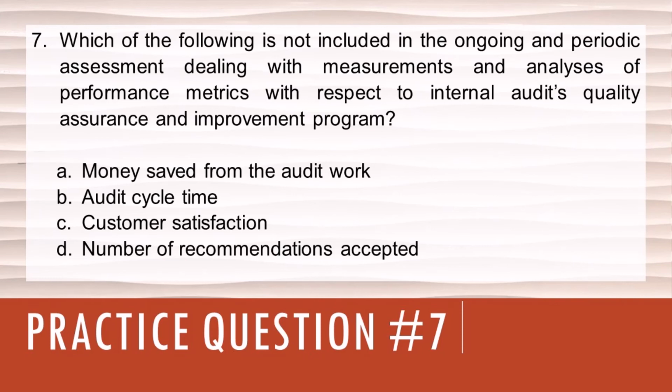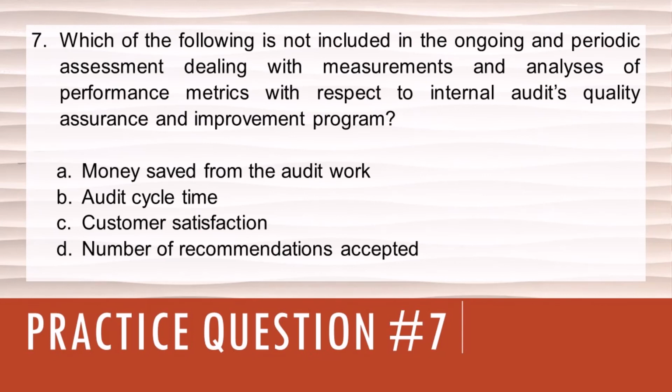A quality assurance and improvement program is an ongoing and periodic assessment of the entire spectrum of audits and consulting work performed by the Internal Audit Department. If results of these assessments indicate areas for improvement, then the Chief Audit Executive will implement the improvements through the Quality Assurance and Improvement Program, right?